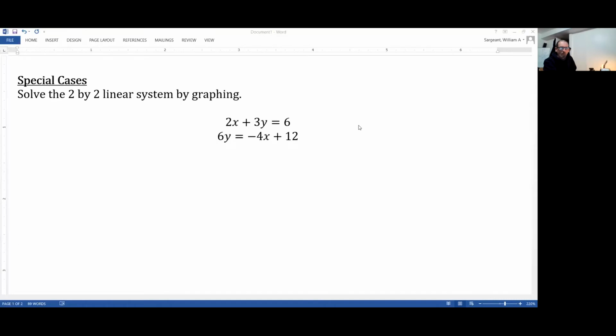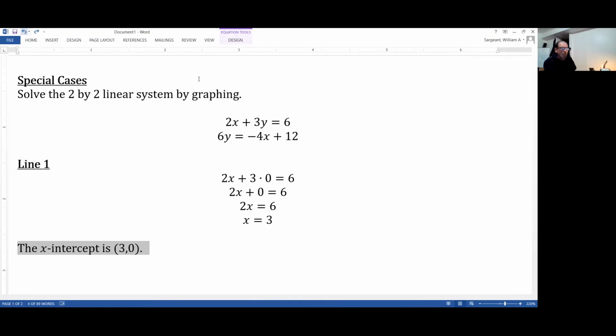And now we're going to take a look at some special cases when we are dealing with 2x2 linear systems. We're going to look at these both by graphing and by substitution. So to graph the first line, since 2 and 3 both divide into 6 nicely, I'm going to find both the x and y intercepts.